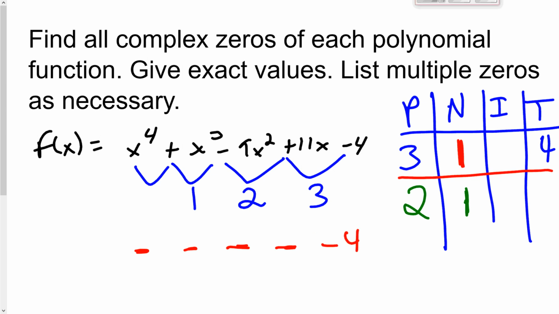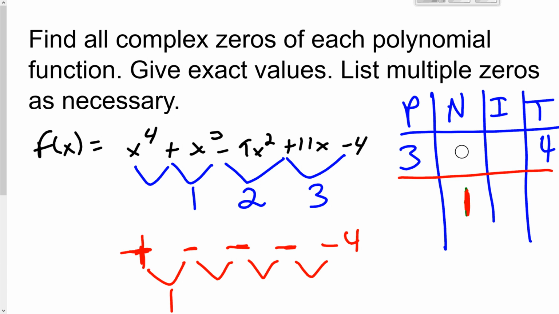This first one's actually positive, right? Because x to the 4th times a negative to the 4th would be a positive. So there's one sign change, and none of these others are sign changes, right? That's why we have 1 here. I didn't decrease my positives by 2. You always got to decrease by 2.